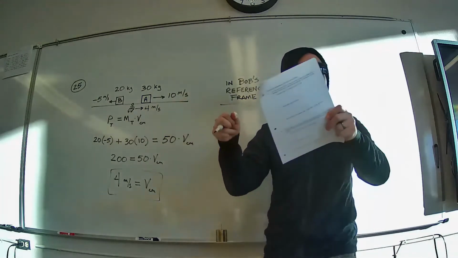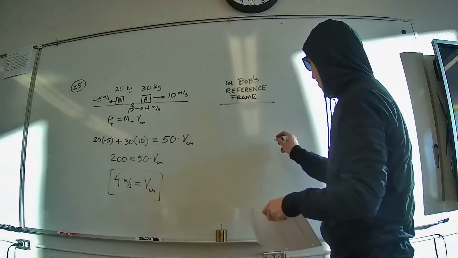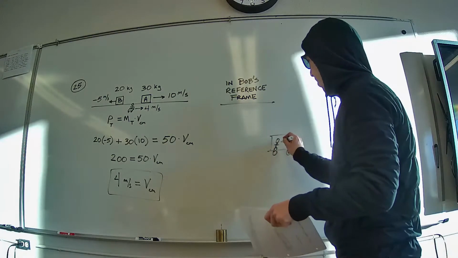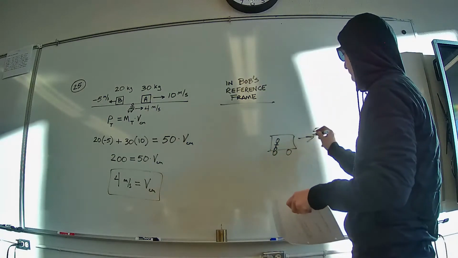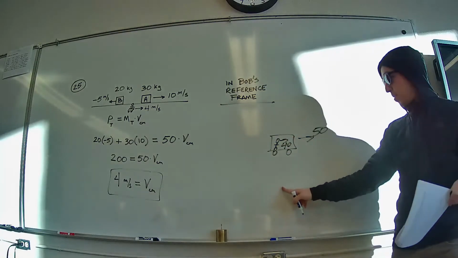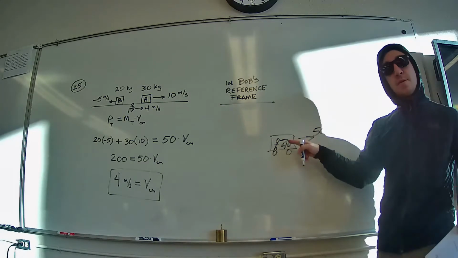Here's a quick example. Classically, if you're on a train going 50 miles per hour and you throw a ball at 40 miles per hour, from a reference frame outside the train the ball's going 90 miles per hour. From the reference frame inside the train, the ball's going 40 miles per hour.